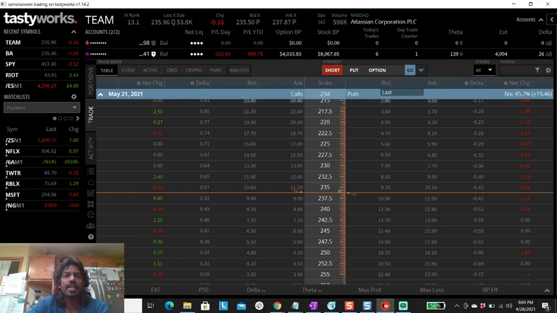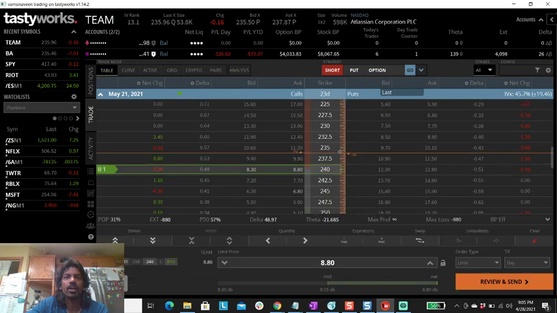Instead of buying that, you could buy an out of the money call option. For example, if you thought that it would go up from 235 to 240 or above, you could buy the $240 call option, which currently is trading for $8, between 8.30 and 8.50. So you could buy it for, let's say, 8.80, right?